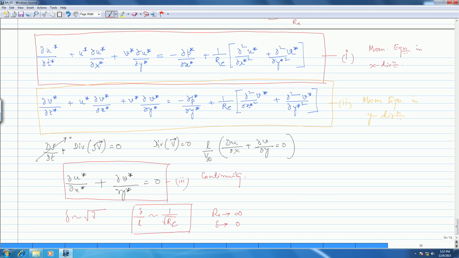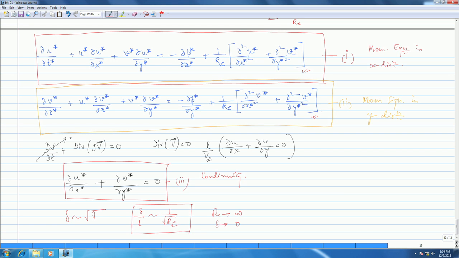Now, the boundary layer thickness depends on the kinematic viscosity. The reason I am saying all these things is that numerically, the viscosity effect in the equations is accounted for by these two terms, the second terms on the right hand side of the two momentum equations.